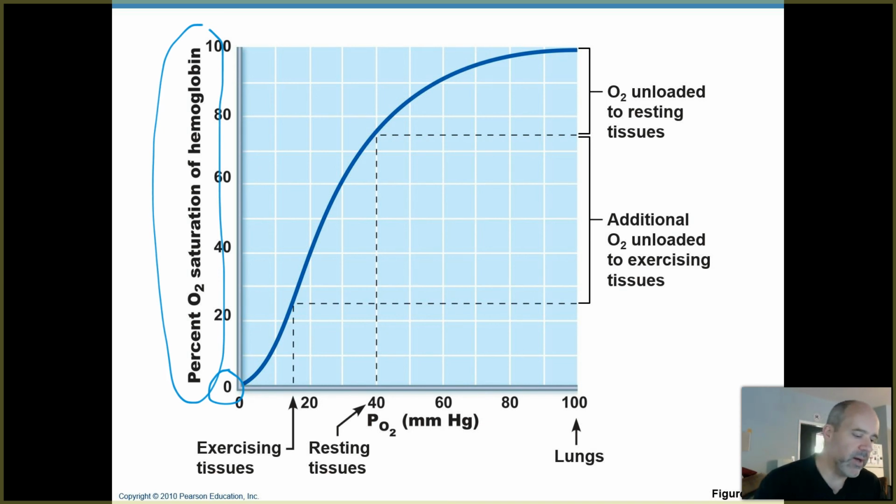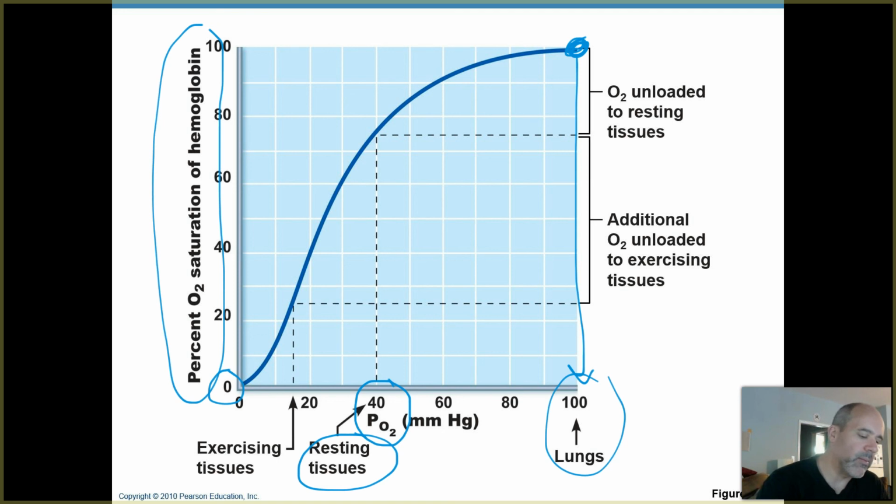So what they're showing you here is resting tissues. The partial pressure of O2 is usually about 40. When your blood is in the lungs, it can become 100% saturated.